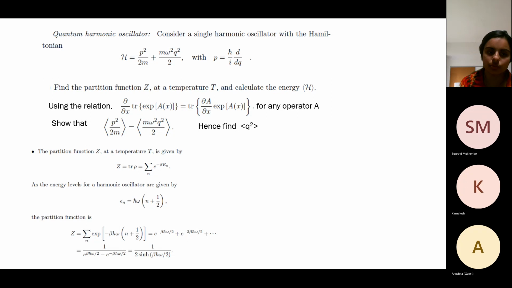So you can do it in two ways. One is you can do a summation over all values of E_n times e to the power minus beta h cut omega (n plus half), divided by Z. Or you can do minus del beta of ln Z. We know that the average energy is given as minus del beta of ln Z. So you know the expression for Z, and you can use that relation to find the average energy.